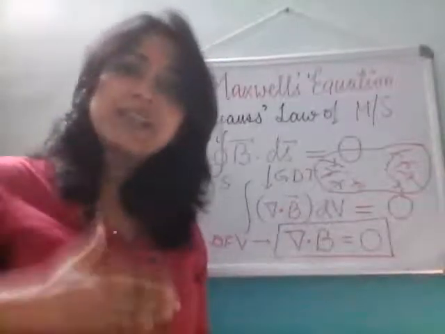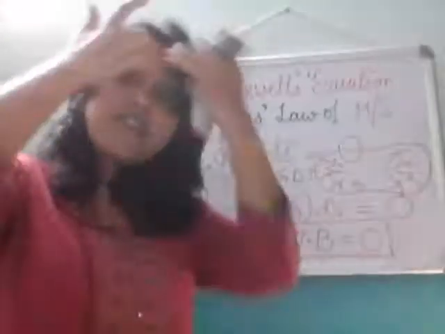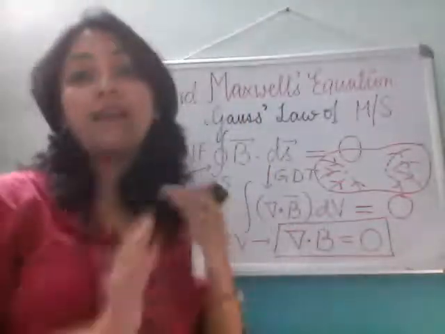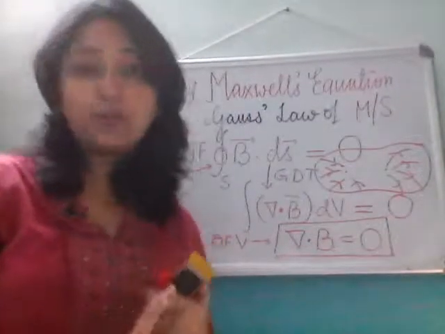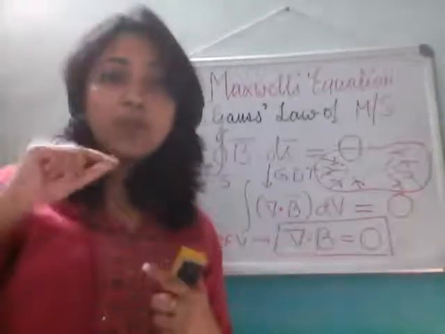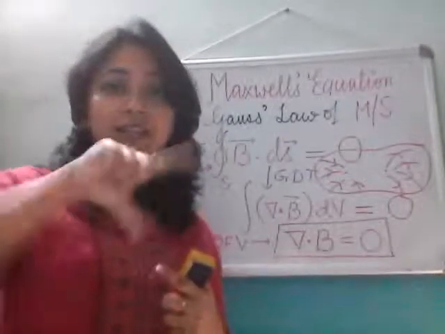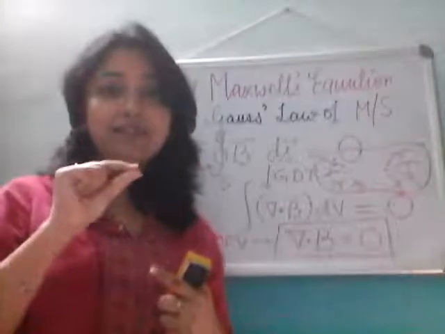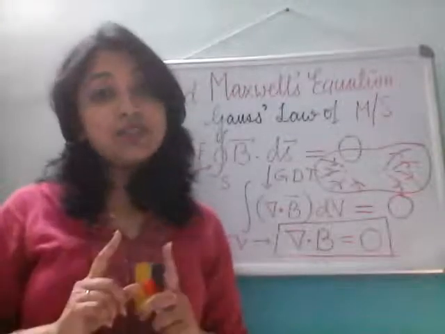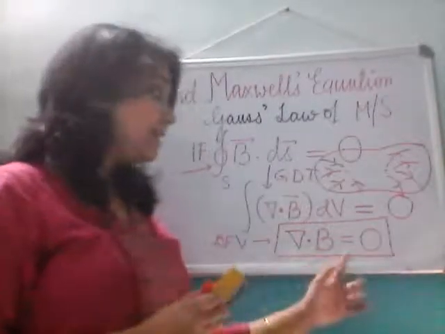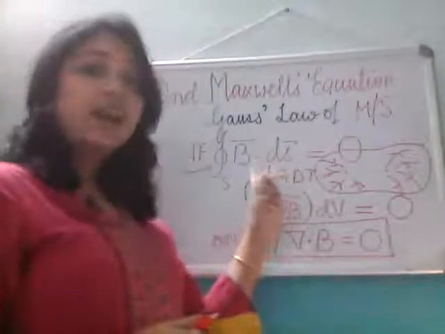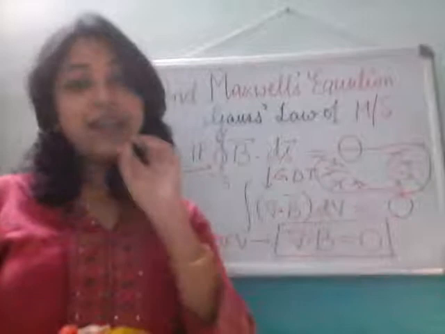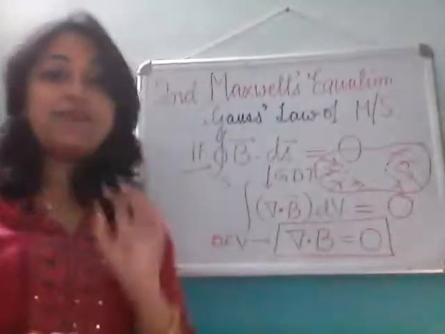However small a piece I break the magnet into, there will always be a pair. There will be a north pole and along with it there will always be a south pole. Hence, if the north pole brings out all my flux, the south pole will bring in all the flux, and the divergence of the magnetic field will always be 0. The total magnetic flux will always be 0 in a closed surface.